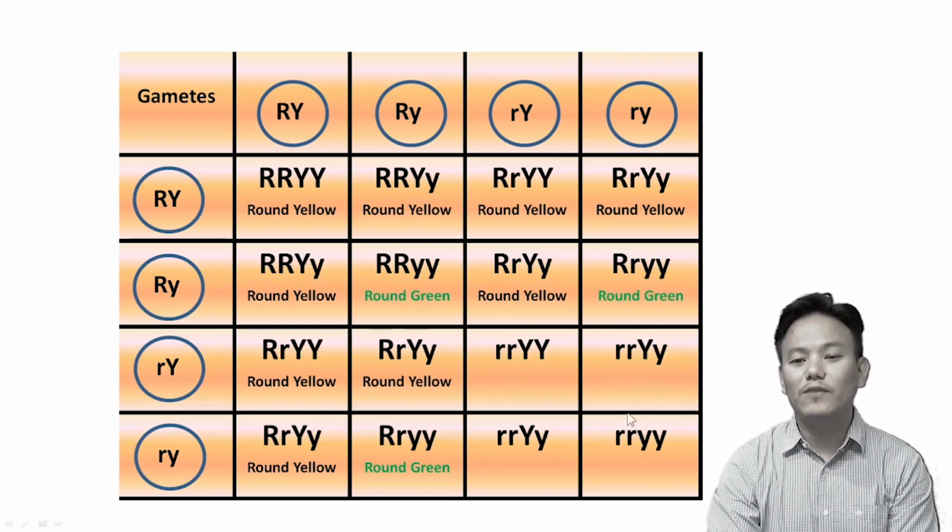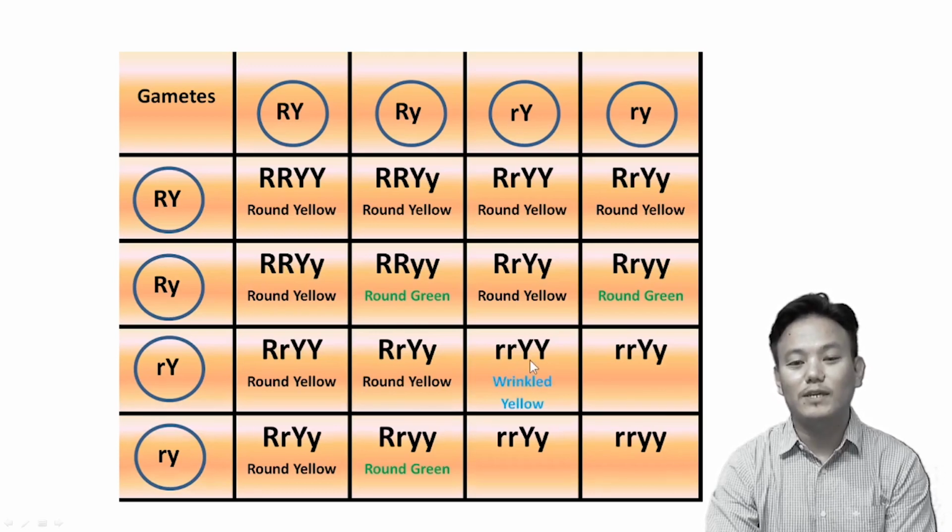What about the remaining 4 now? Let us look at this one. So this is having 2 recessive alleles for the seed shape. So the seed shape will be wrinkled. But it is having 2 capital Y's or 2 dominant alleles for the seed color. So the seed color will be yellow. So it will be wrinkled yellow.